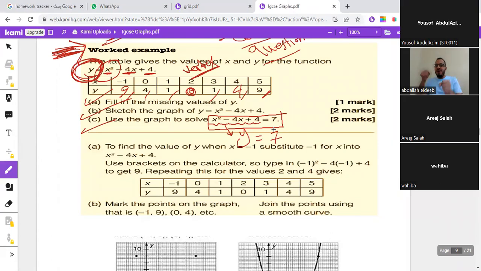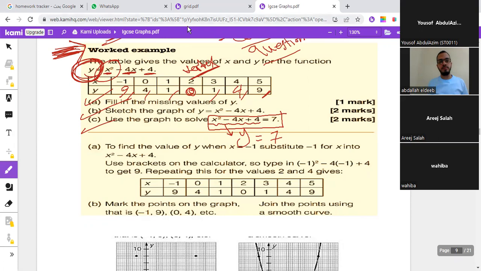So we will draw y equals 7. You graph the curve, the parabola, and then you draw a horizontal line. I said vertically, but it's by mistake. I'm sorry, it is horizontally.